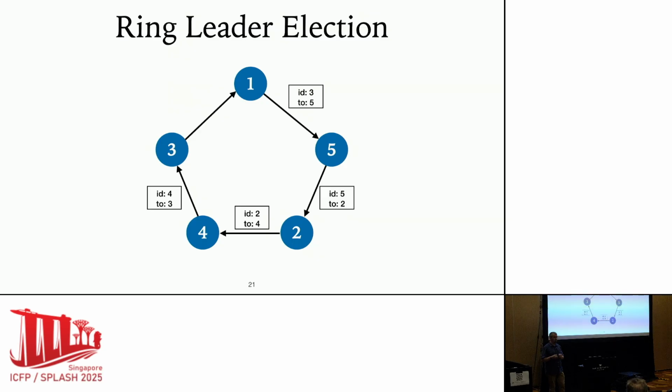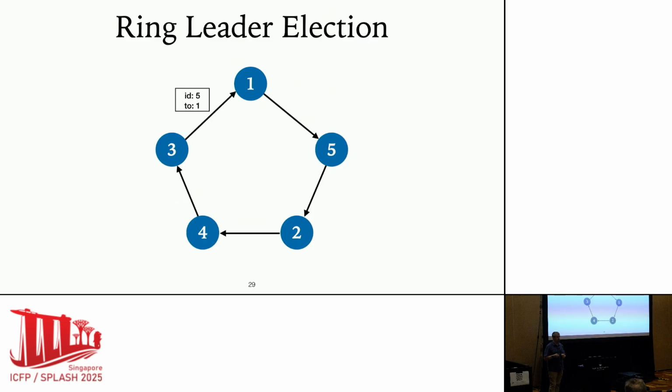But the message from 3 to 1 goes further, by 1 relaying it to 5 because 3 is larger than 1. And as you can imagine, after the protocol comes to a stable state, there's going to be only one message that logically made the full round. And this is the message from the node with the largest identifier to itself. In this case, the message from 5 to 5.